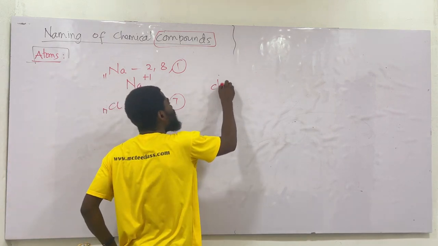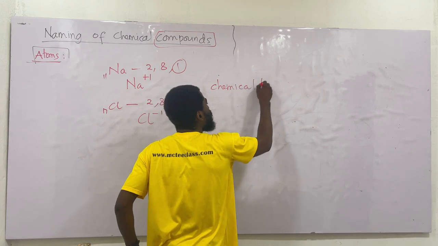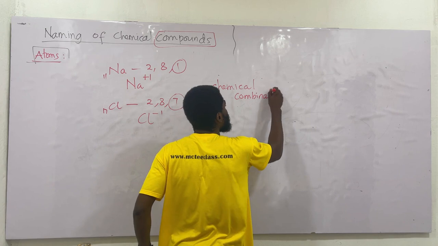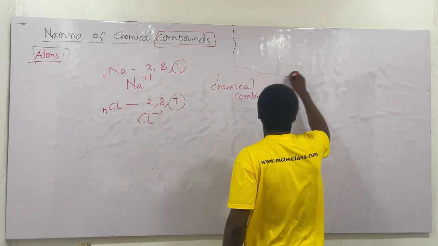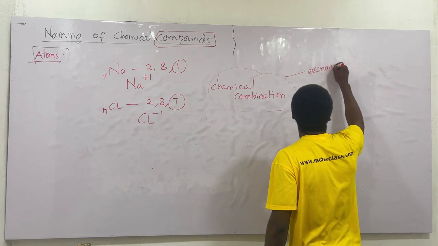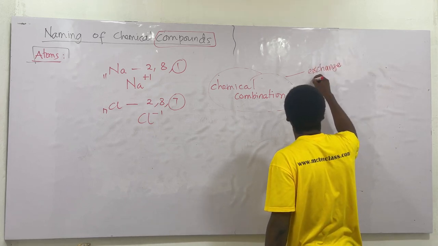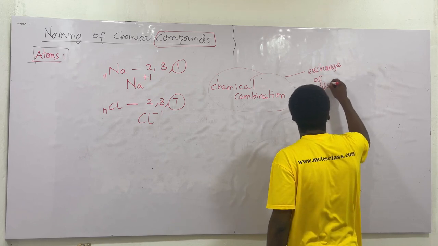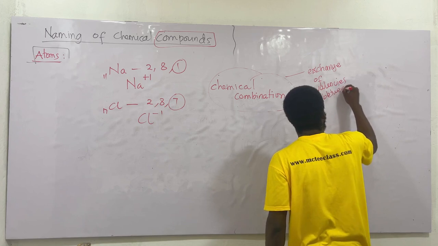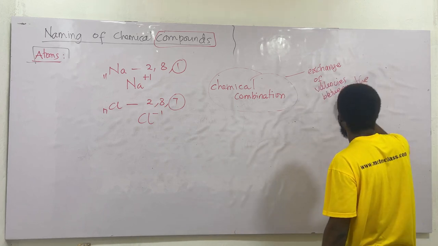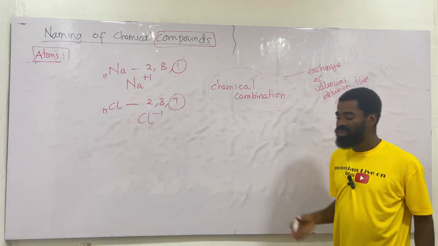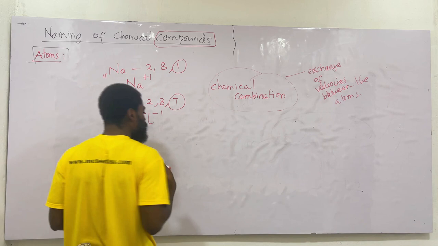That chemical combination is basically the interchange or exchange of valencies between the atoms involved. That means before they can combine, we exchange. I give you my valency, you give me your valency. I give you mine, you give me yours.